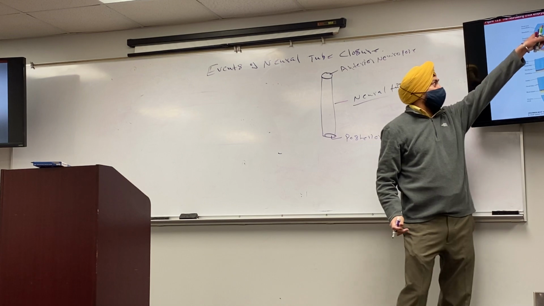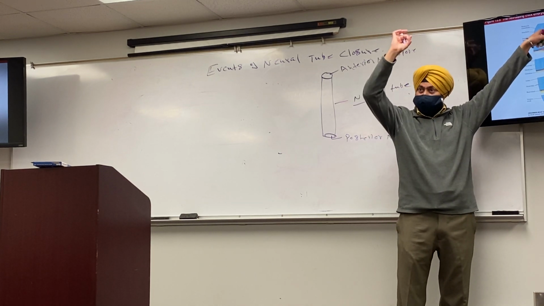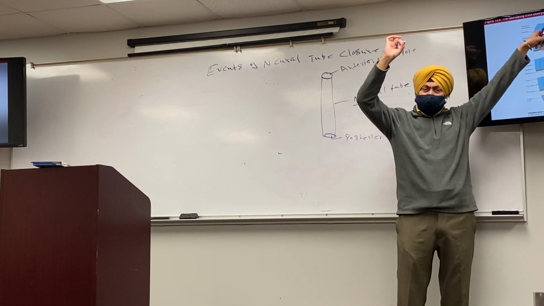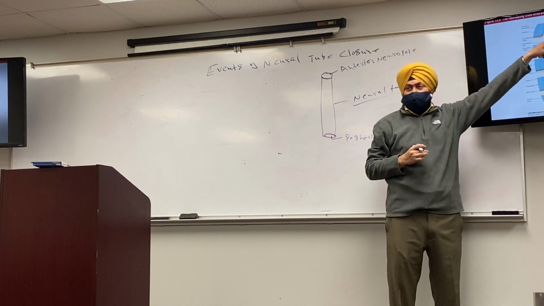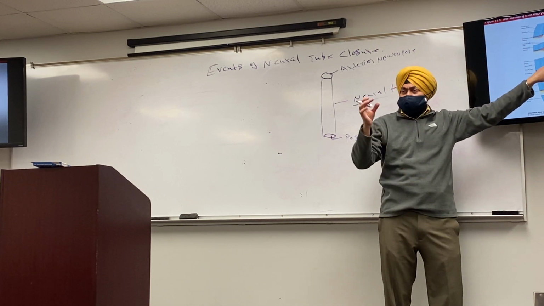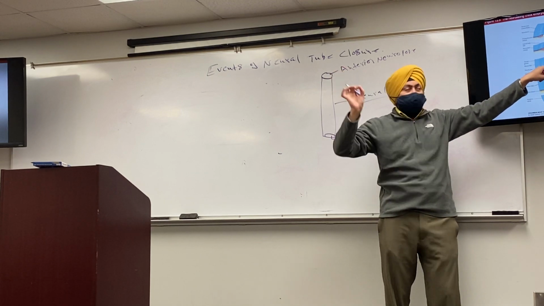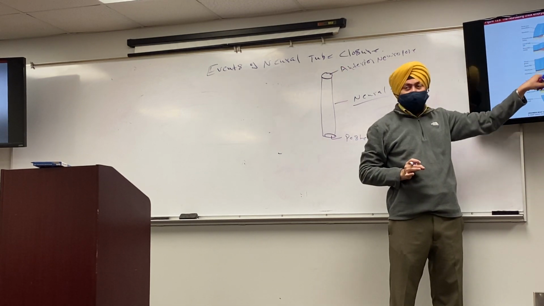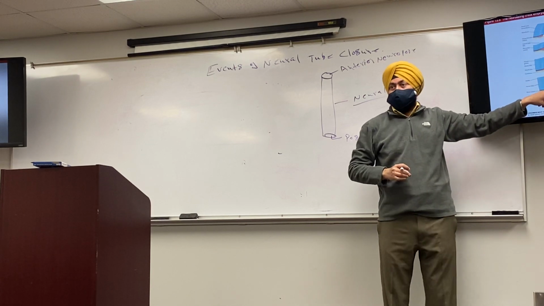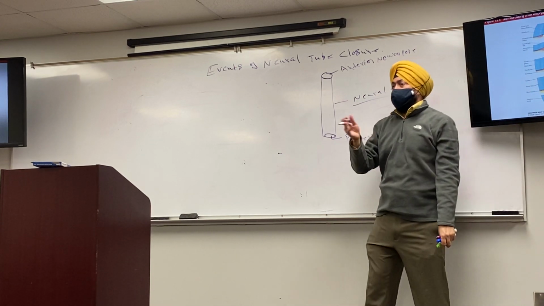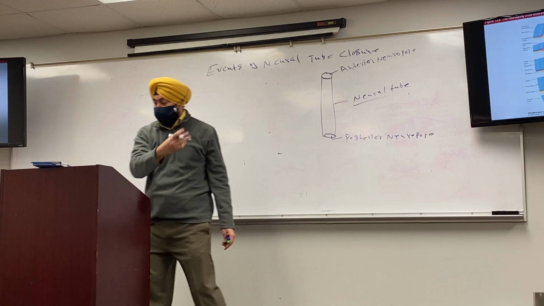But these are at the two ends of that tube, right? But then we are saying that this tube also does not close at the same time. It means some places it will be lagging behind, right? So there are multiple places where this tube actually closes. So let's talk about what those places are.